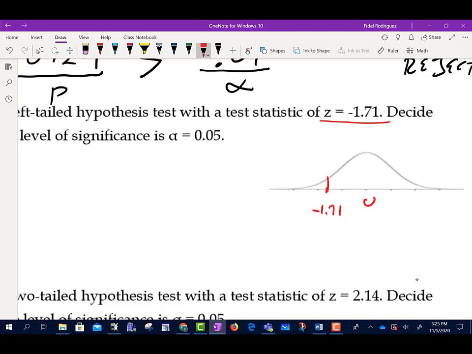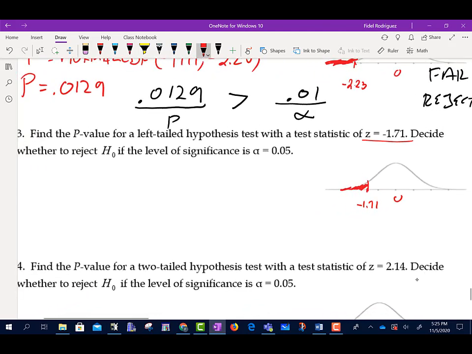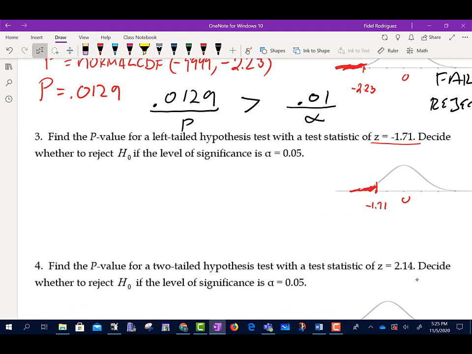And again, I'm looking for the area to the left, right? If I'm looking for the area to the left, the same way we did the one before, we're going to go normal CDF, again, negative 9999, and then negative 1.71.